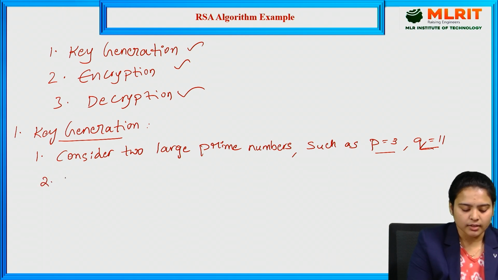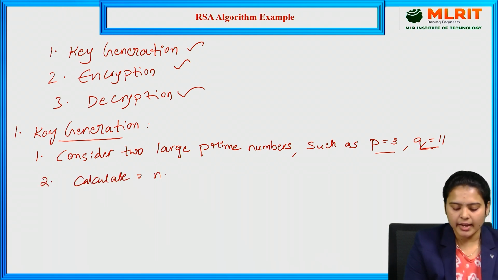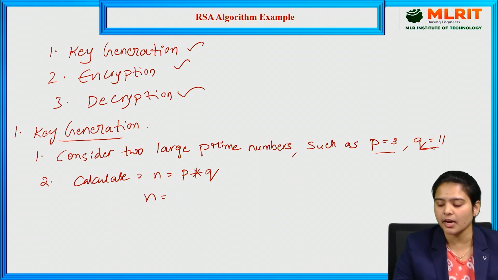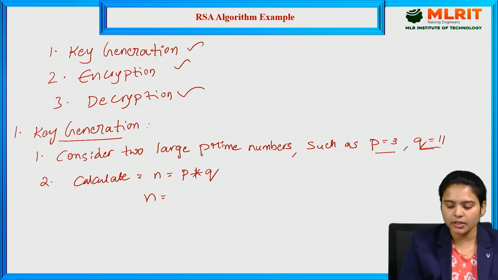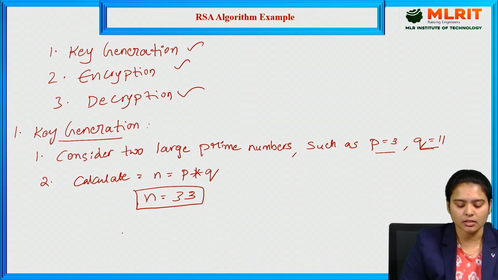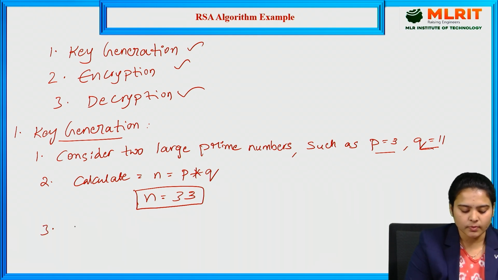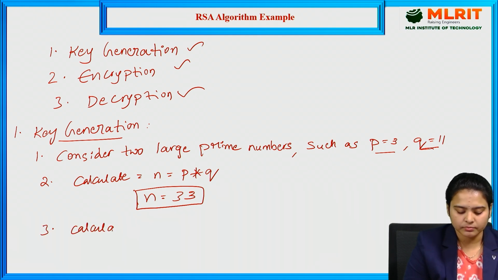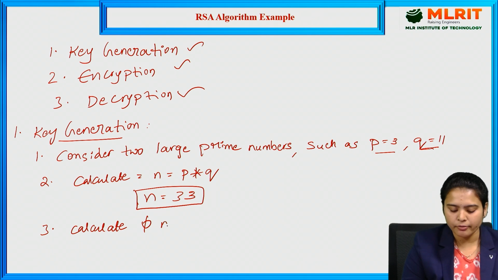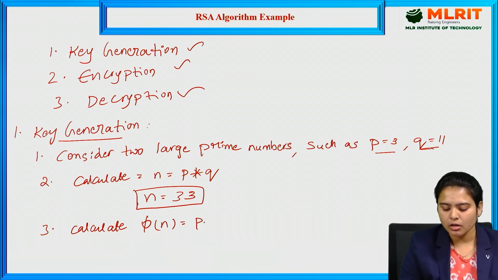Next, we need to calculate N equals P into Q. P is 3 and Q is 11, so 3 into 11 gives the value of N equals 33. Then we need to calculate phi of N equals (P minus 1) into (Q minus 1).